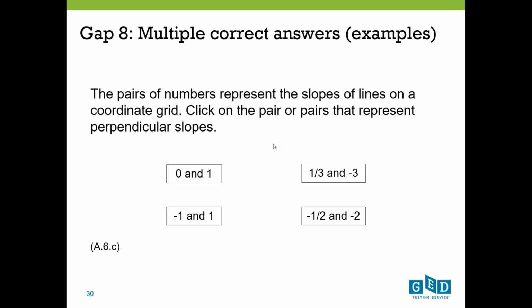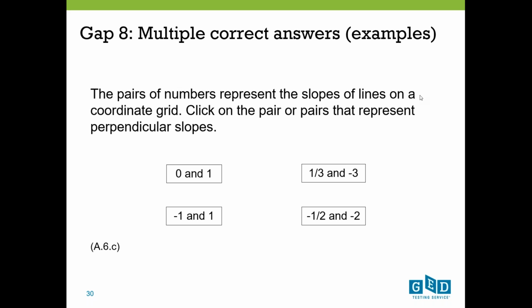And I know that some small percentage, probably close to 30 by now, of our test takers are doing the online test where they're also allowed scratch paper and they can make their own grid. And so, they could work out, okay, a slope of 1, what would that look like?